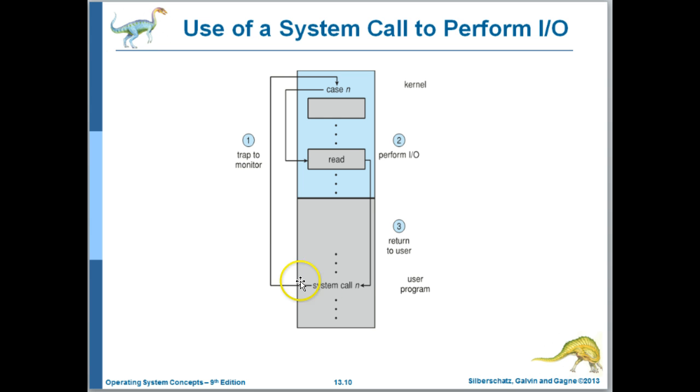This results in an exception, kicking the CPU into kernel mode, and then the exception handler for the system call runs, interprets the system call number, in this case a read, executes the read system call, quite possibly putting the process on a wait queue and executing a context switch, but eventually the read data becomes available and the process moves on.